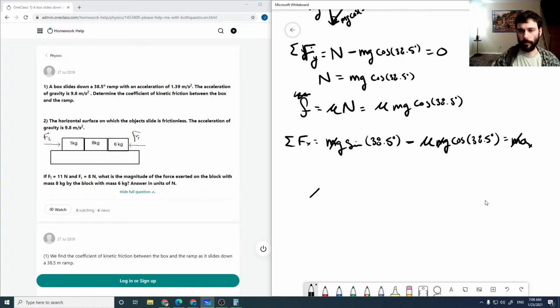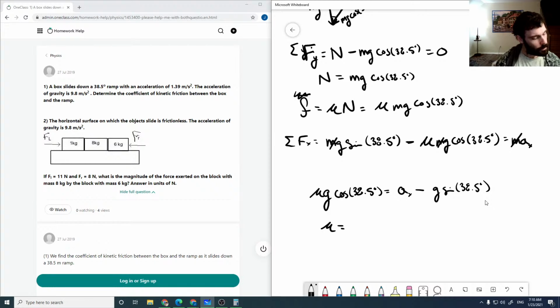So we have that mu, and then rearrange here. So we have mu g cosine of 38.5 is equal to g sine of 38.5 minus a, or dividing the whole thing by that factor to have mu on its own.